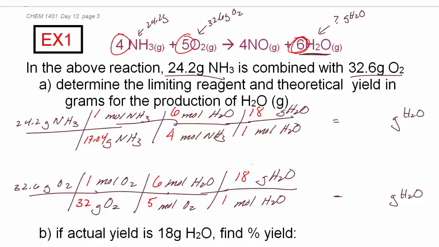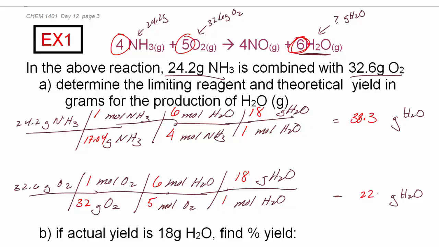So let's see which one gives us the smallest answer. 24.2 divided by 17.04 times 6 divided by 4 times 18, about 38.3. And the other one, 32.6 divided by 32 times 6 divided by 5 times 18, about 22.